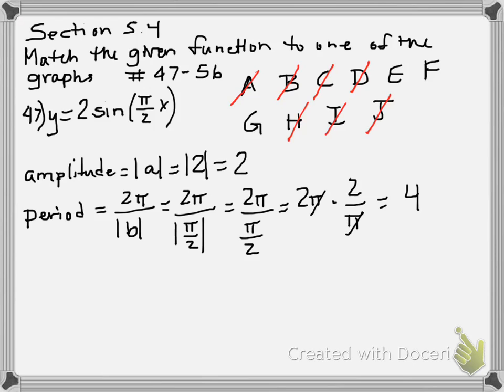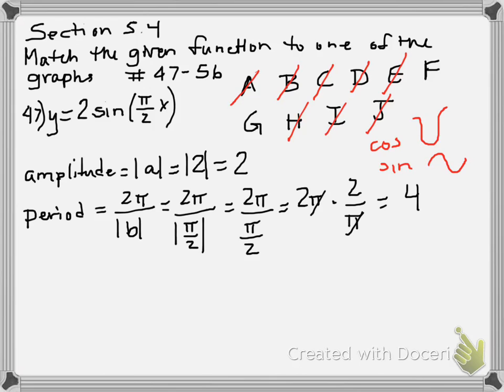And when I say it starts up, cosine looks like this. That's cosine. And sine looks like this. So that's what I mean when I say it starts up or starts down. E is a cosine function, so I can eliminate that one.